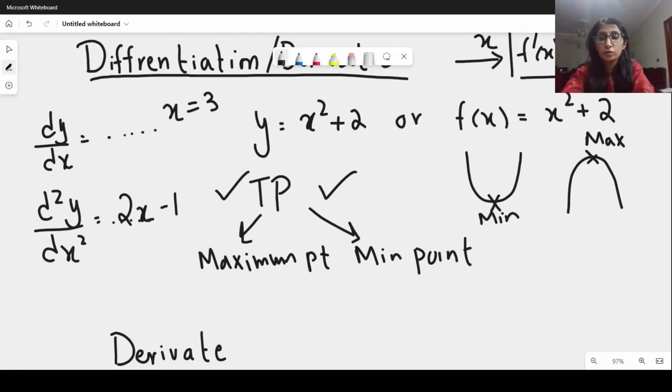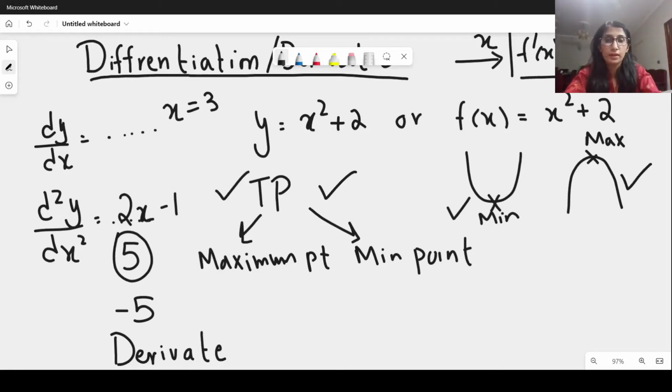You'll substitute 3 over here. We're getting 2 times 3, 6, 6 minus 1, 5. So if you get a positive value, that means it's a minimum. And if you get a negative value here, let's say you got minus 5, then that means it's a maximum. Anyway, we'll talk more about this shortly when we do questions on each of these respective topics. All right, let's start with the questions now.